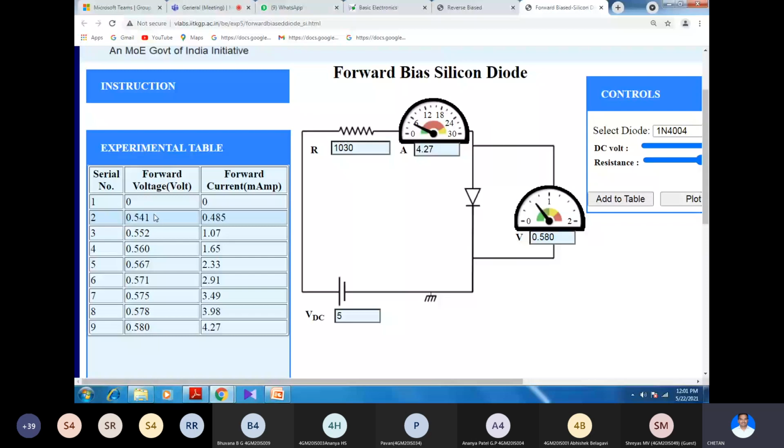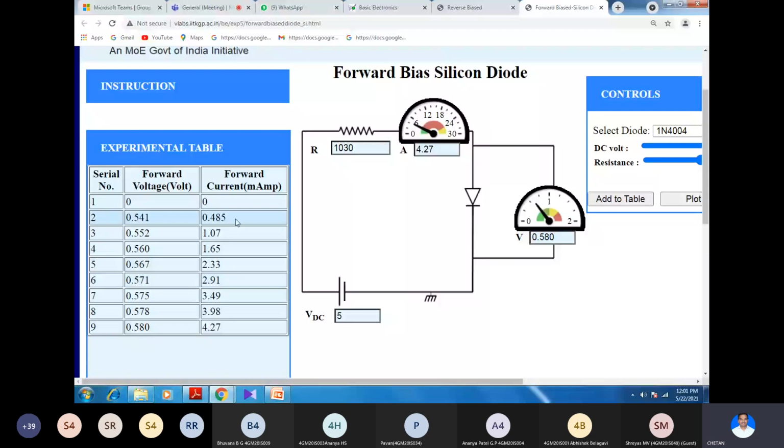These are not values that you have applied for the battery, right? These are the values which are the output of this voltmeter, meaning the voltage across this diode. So this column represents the different voltages across this diode, right? And these are the values of current in milliampere which flows through this diode.